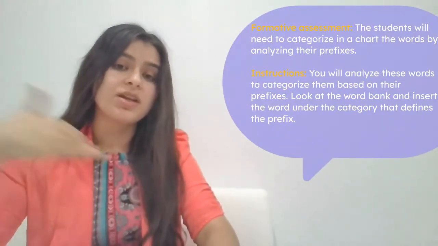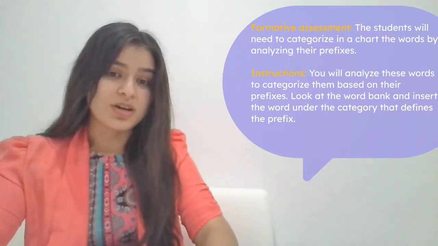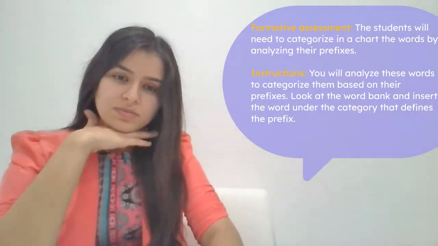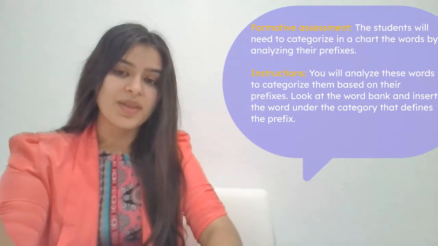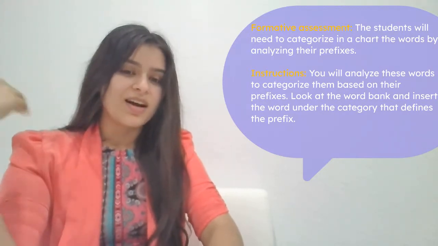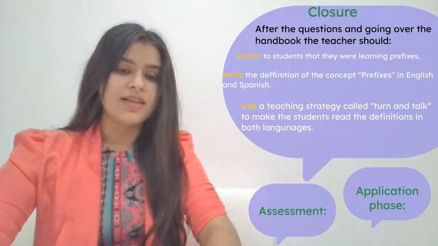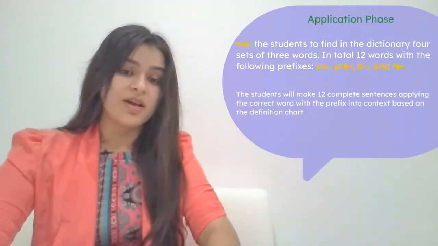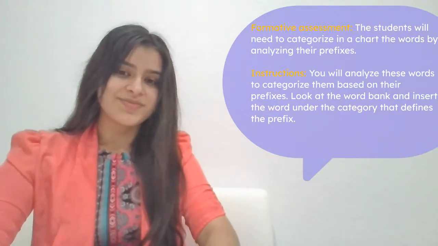Remember, you can use either formative or summative. The students will need to categorize the words in a chart by analyzing the prefixes. In this way, you can see that the last phases are really good for the students, right? So remember, you have the closure, then the application phase where they apply the knowledge, and after the application, which is independent work, the assessment.